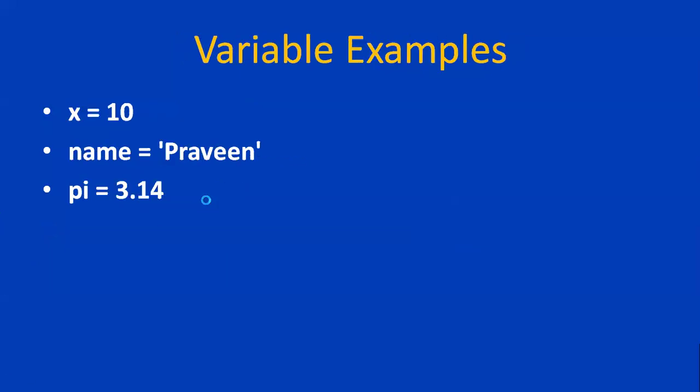Here are some variable examples: x is equal to 10, and a name I have given, Praveen. Here I have put quotes, representing the string variable in quotes. You can use either single or double quotes. The string variable must be in quotes. That is one thing you should remember. These are all about variables in Python.